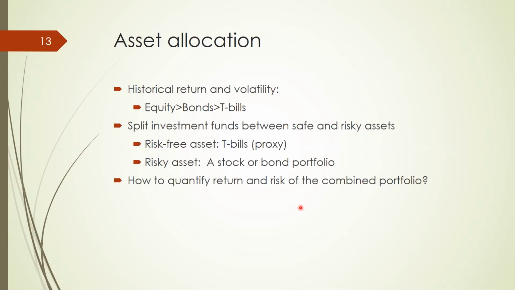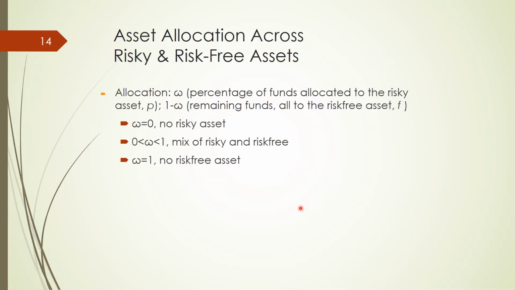So what is the equation to measure the risk and the return in this combined portfolio? Let's first denote omega as the percentage of funds allocated to the risky portfolio P. 1 minus omega refers to the remaining percentage of funds allocated to the risk-free asset.